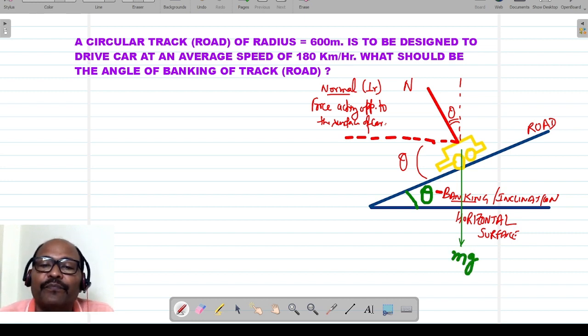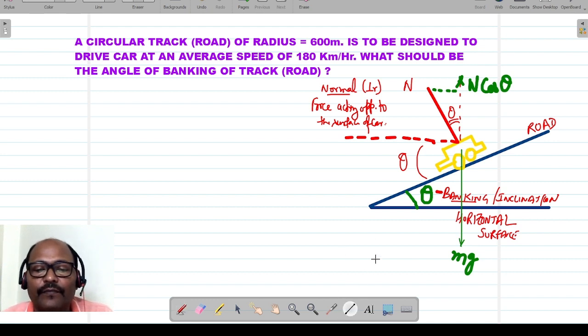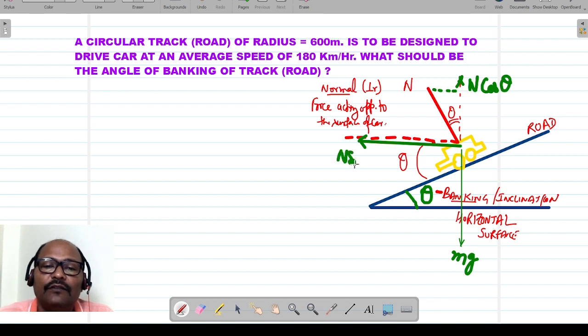This is the weight of the car. If you draw a right angle triangle here, then the component above is N cos theta, and the component towards the dotted red line will be N sin theta. So as per the question, we have drawn the free body diagram.